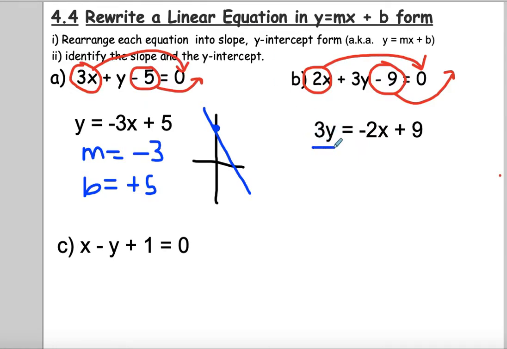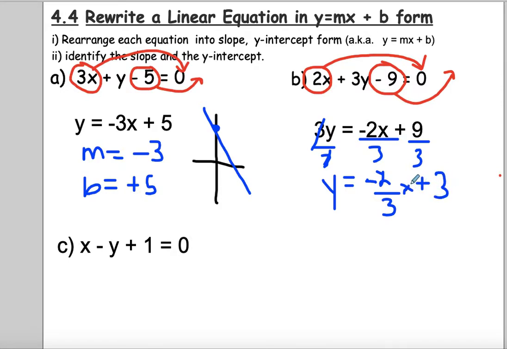So we need to divide out a 3 from each term here. These 3's are going to cancel out. We're left with y is equal to negative 2 over 3 x plus 3. Plus 3 because 9 divided by 3 is 3.